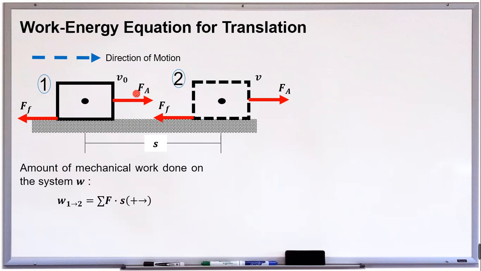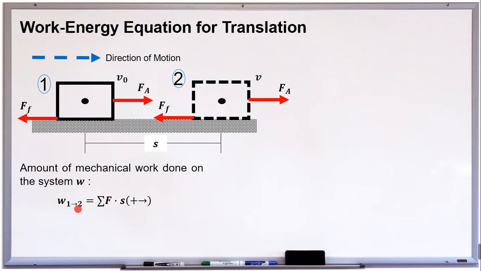So this applied force helps increase the velocity of our object, or it helps the object in moving from point 1 to point 2. Now, we have here another force, which is the frictional force. The direction of this force is opposite to our direction of motion. So therefore, it creates a negative work, meaning to say it reduces the velocity of our object, or it diminishes the available energy that is present on our system.